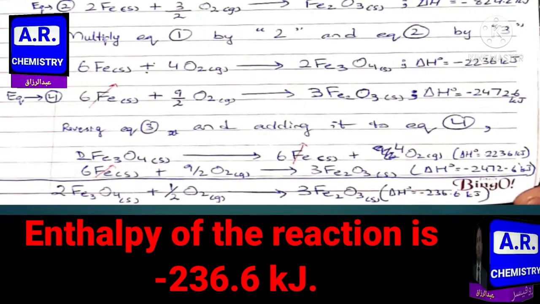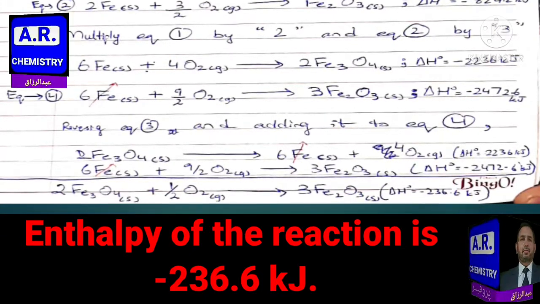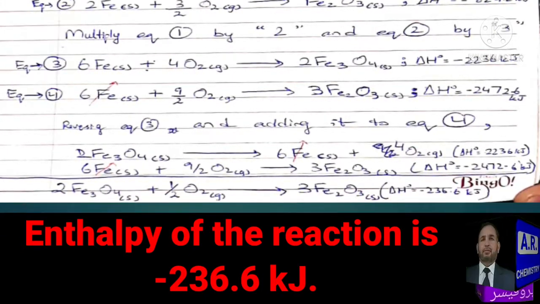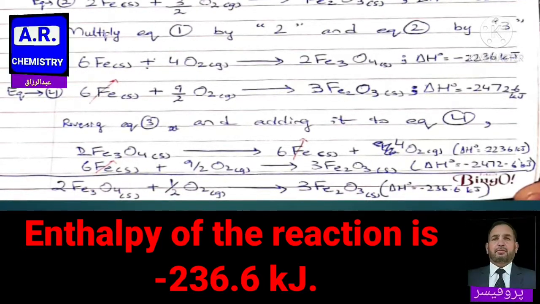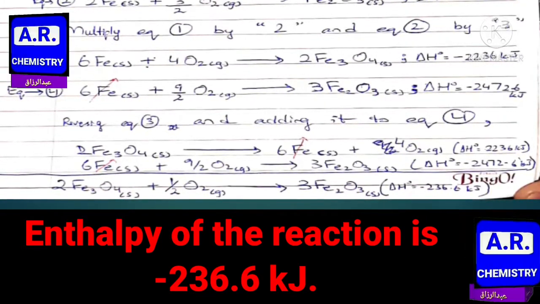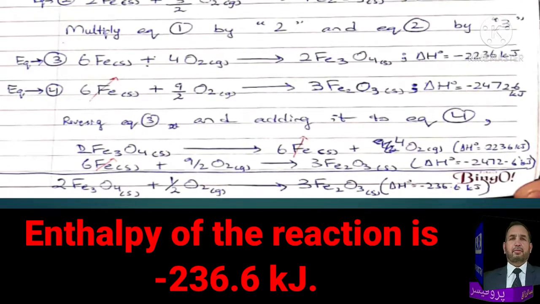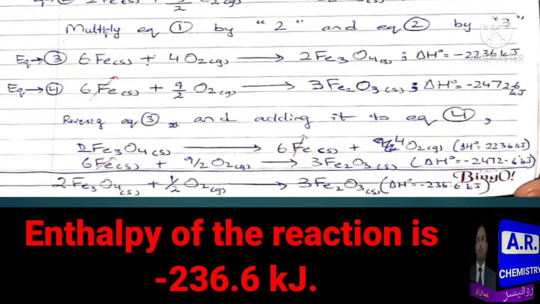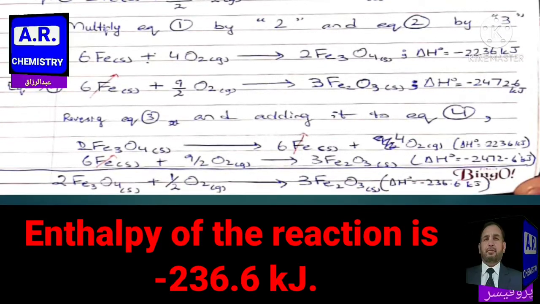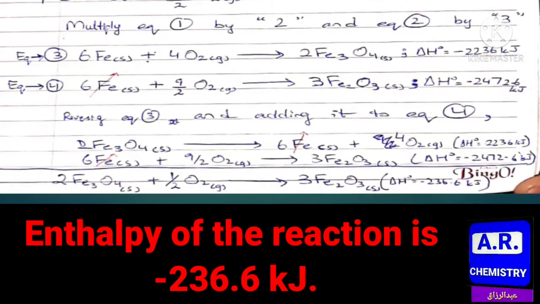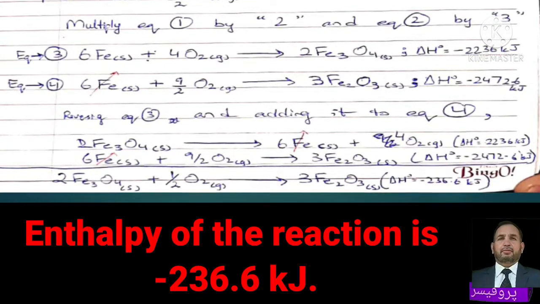And I have previously told you, once again I am emphasizing that the different enthalpy values should be treated in the same way as the balanced chemical equation. That is, if you are to multiply the reactants and products with some number, you are to multiply their enthalpy values also.